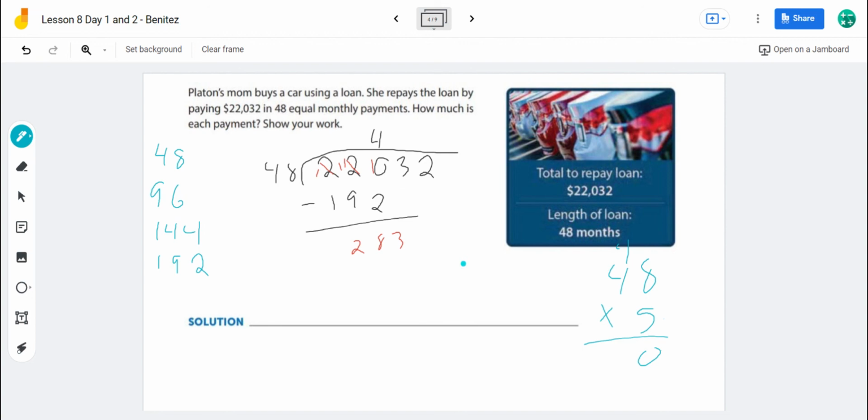And then 20 plus 4 is 24. So 240. Now I can add another one because now it's kind of easy to add. 8 plus 0 would be 8. 4 plus 4 would be 8. So the next multiple of 48 would be 288. So that's too big. But it's nice to know and have that. We might need it for the next one.